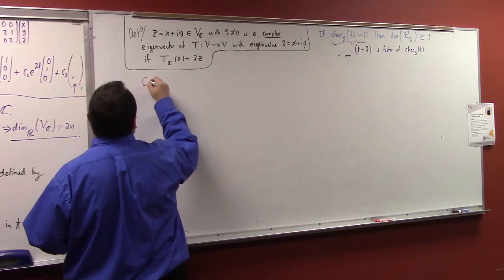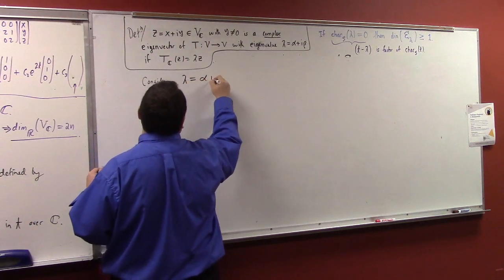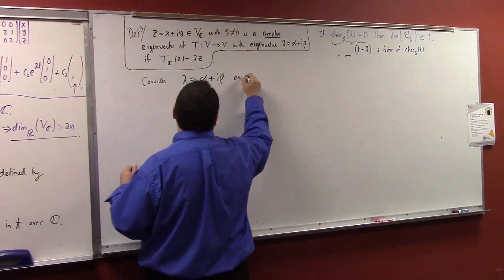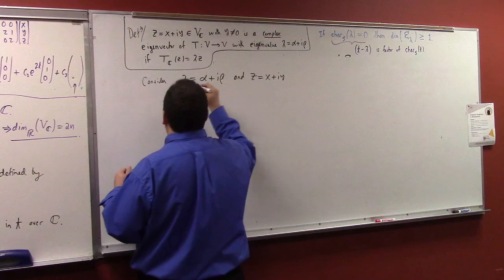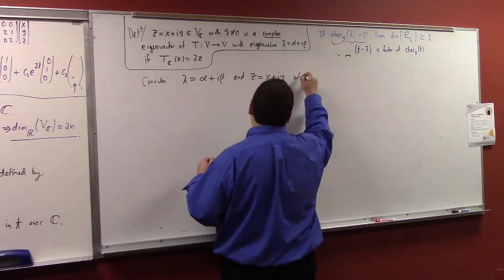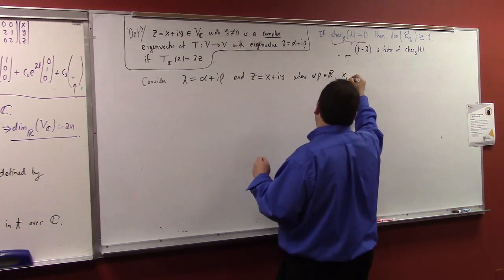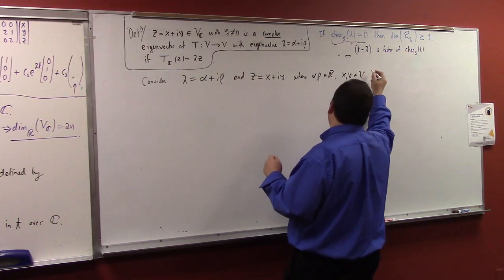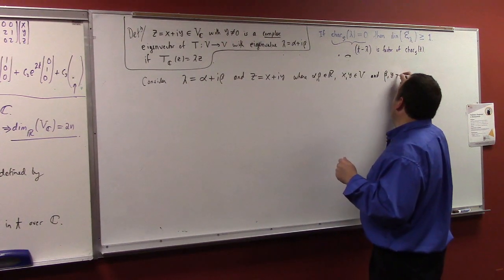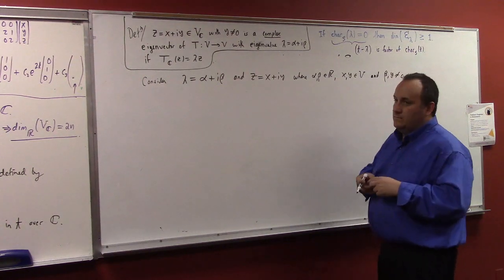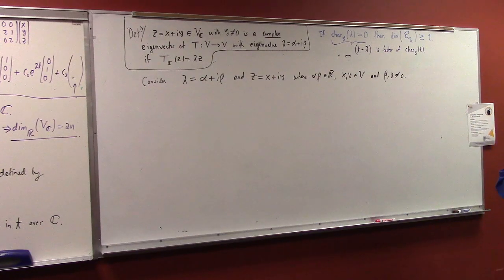Consider lambda equals alpha plus I beta and z equals x plus iy, where alpha and beta are real numbers, x and y are real vectors, and beta and y are not equal to 0. Maybe I don't need to assume that. Maybe the calculation will show that to us in a minute. Let's find out.